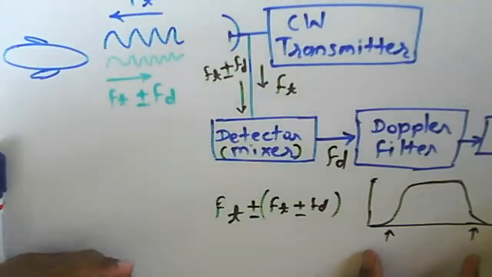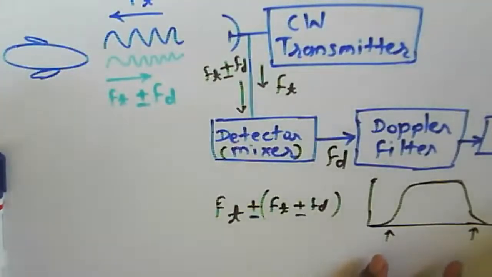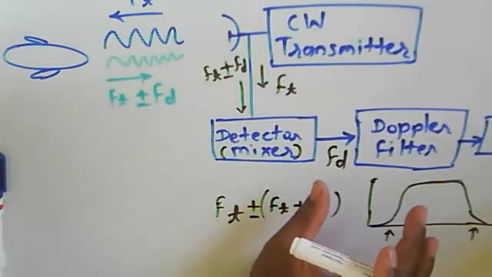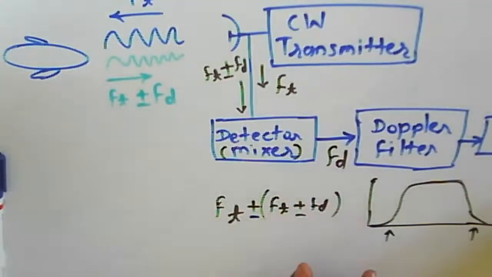So that's why fd is to be selected in such a way that it will reflect whether the object is present within that particular range or not. So that's why we consider a Doppler filter with a specific frequency band.